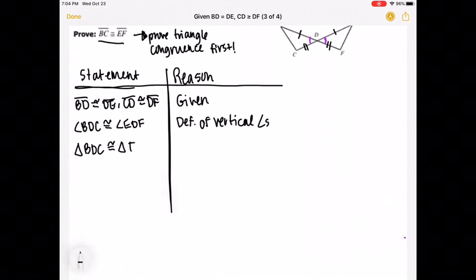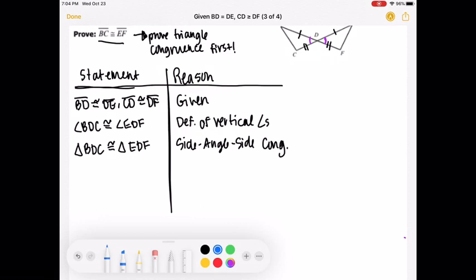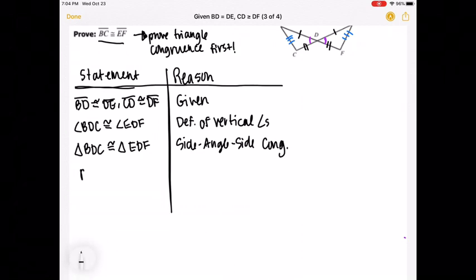Okay, so you should have gotten BC congruent to EDF, and that was by side, angle, side, congruence. All right, now, anytime we've already proved our triangles are congruent and we are looking to prove that BC is congruent to EF, once we already have our triangle congruence established, then any corresponding parts are also congruent.